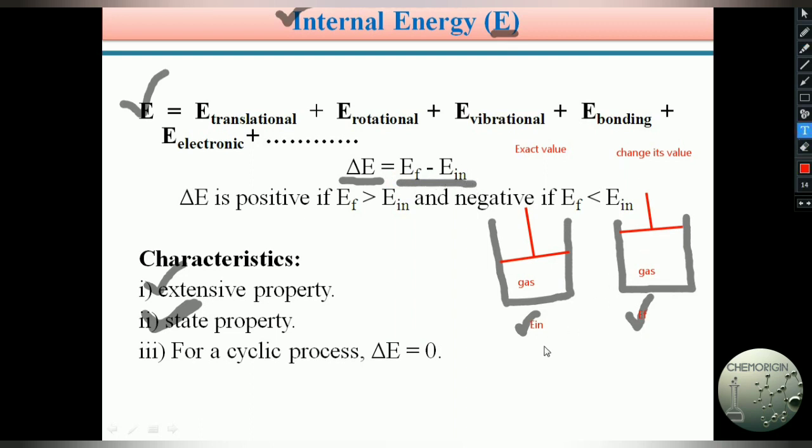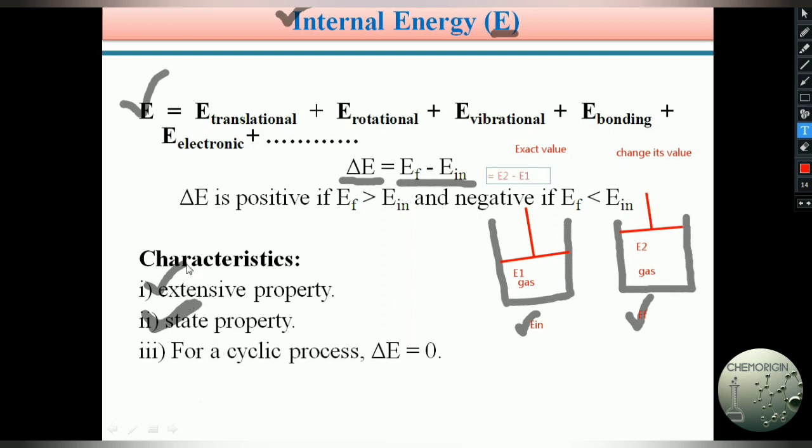Or suppose its internal energy is E1 and then E2. Therefore, change in internal energy can also be written as E2 minus E1. In this manner, we can calculate the change in internal energy.